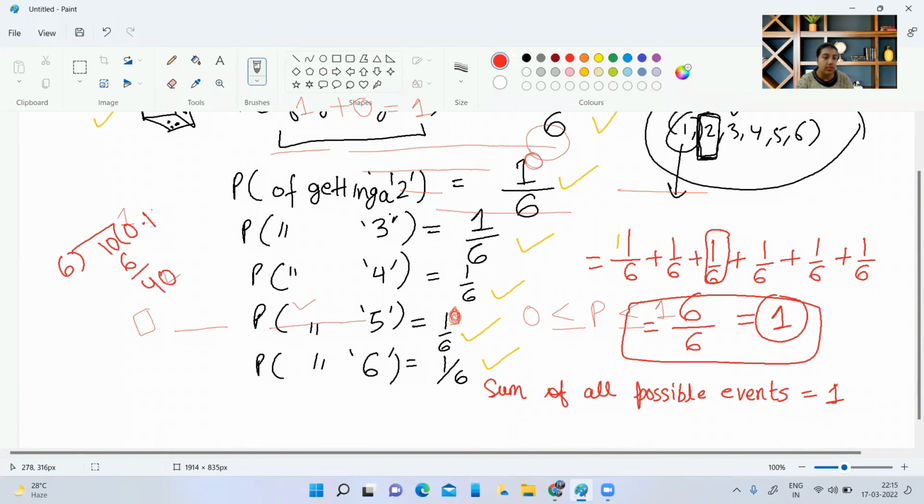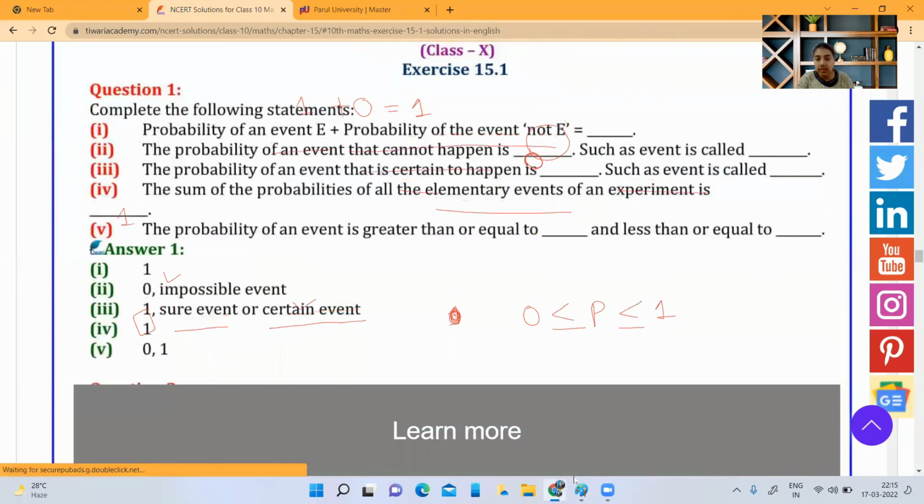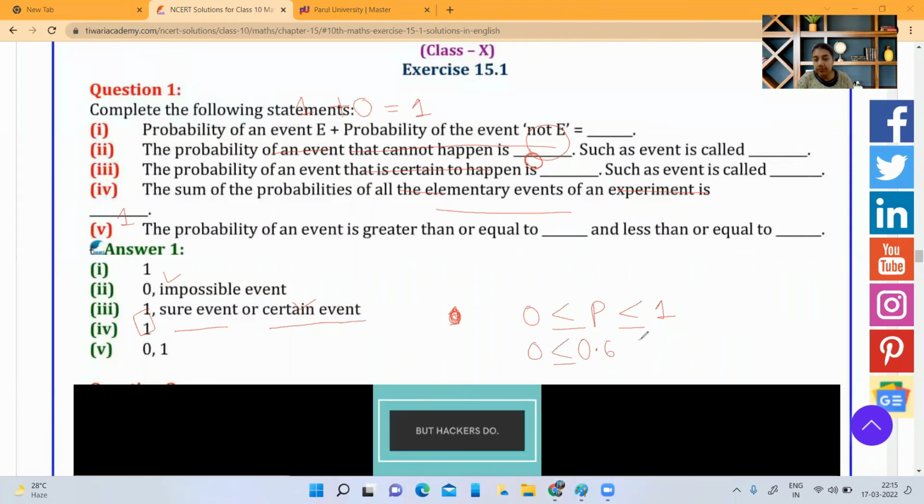And again I place 0, and 6 sixes are 36. In this way, what I'm getting is 0.16. Can you tell me where 0.16 is lying? 0.16 is actually lying between 0 and 1.